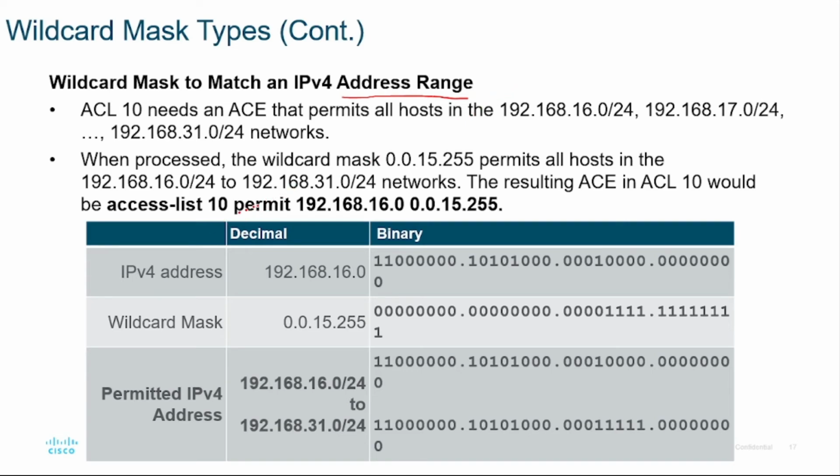You need to permit this .16 up to .31. So how did they arrive at this wildcard mask?